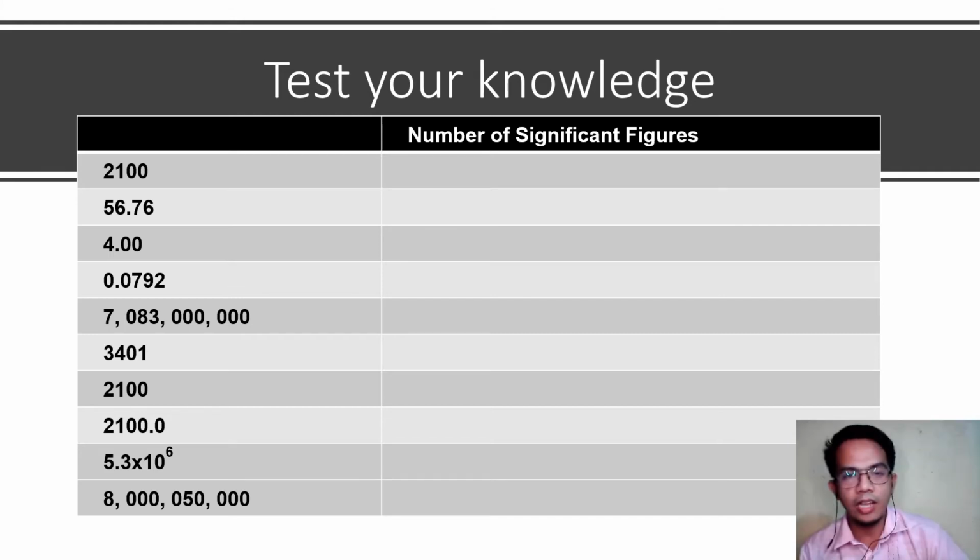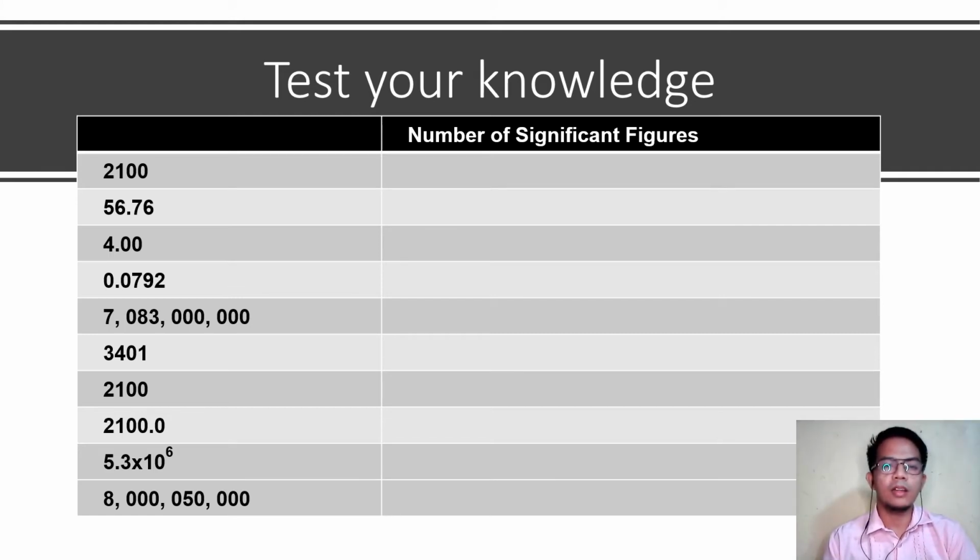Okay, now let's check. Number 1, there are two significant figures. Number 2, 4. Number 3, 3 significant figures. Number 4, 4 significant figures. Number 5, only 4 significant figures. Number 6, 4 significant figures.